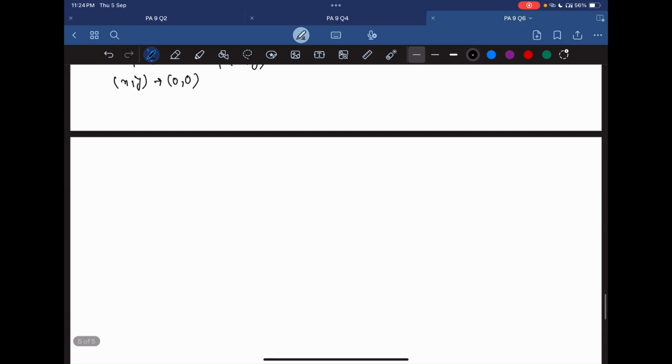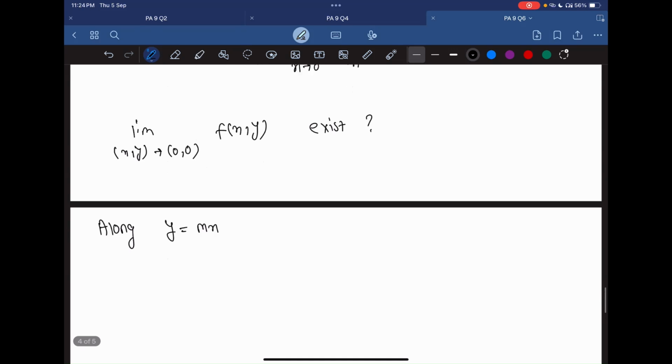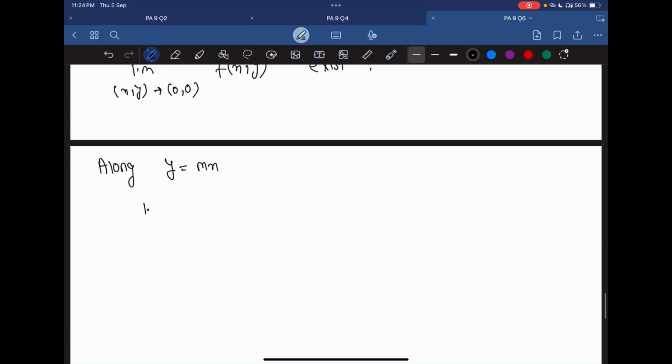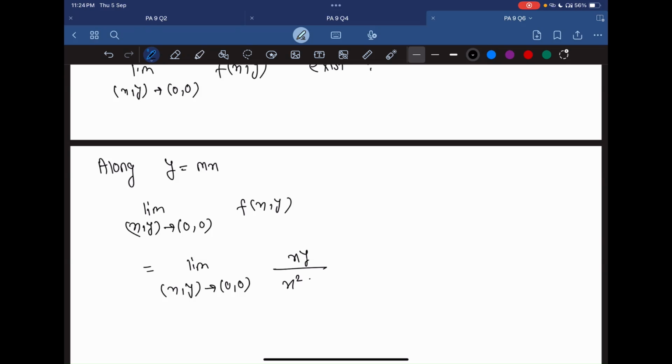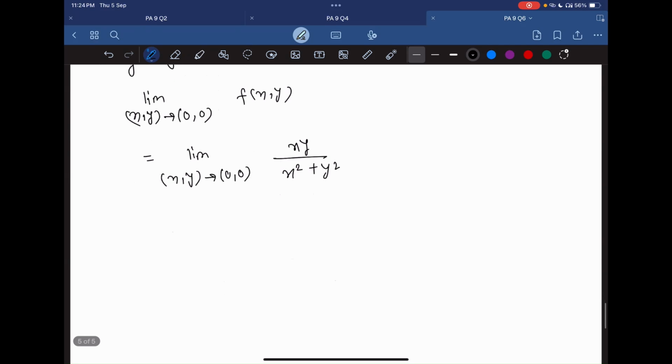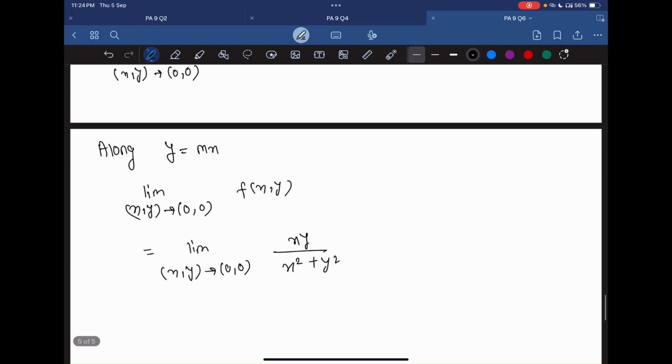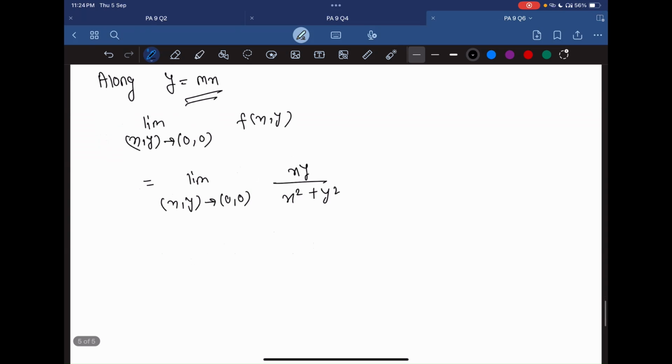So let's see the limit along the line y equal to mx. For our function f of x comma y, that is xy divided by x square plus y square, we can replace y with mx here.